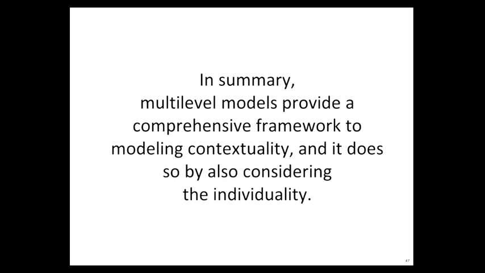Okay, so in summary, the multi-level models provide a very comprehensive framework to modeling contextuality, and it does so by also considering the individuality. So modeling context is one of the main utilities of the multi-level models, which is the main message that I want you to take home from part 2 of this particular session.